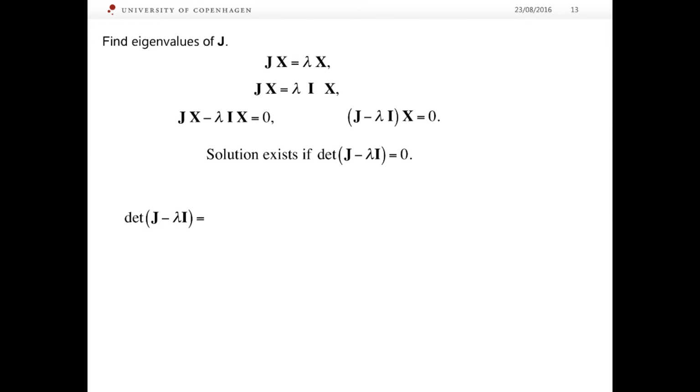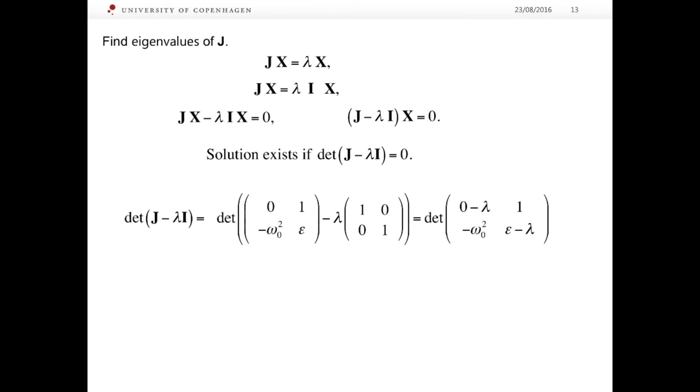So let us first of all find this determinant, and to do this, let us write out the linearization matrix J and the identity matrix I multiplied by the number lambda. By performing matrix subtraction, we end up with a single matrix whose determinant we need to find.